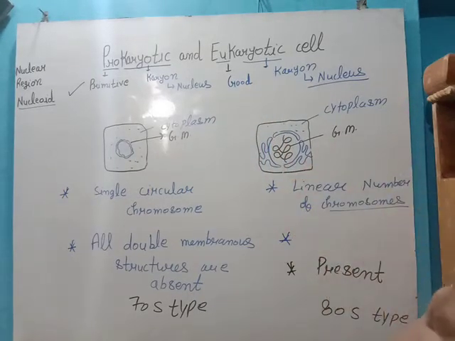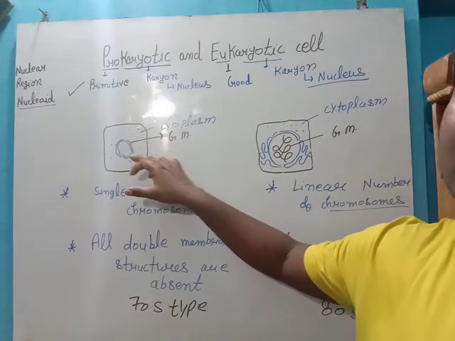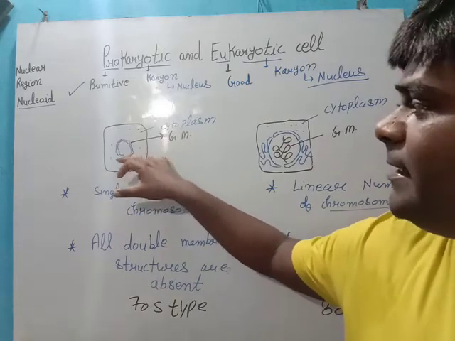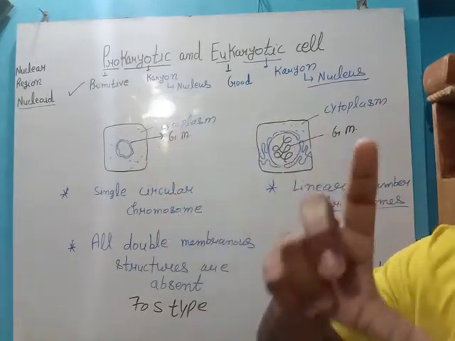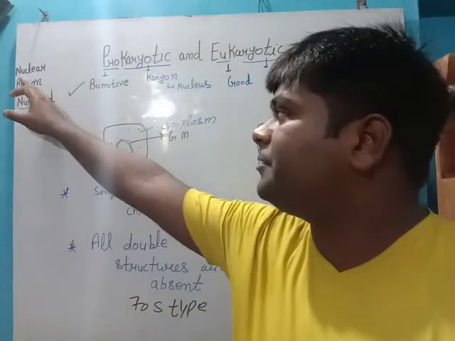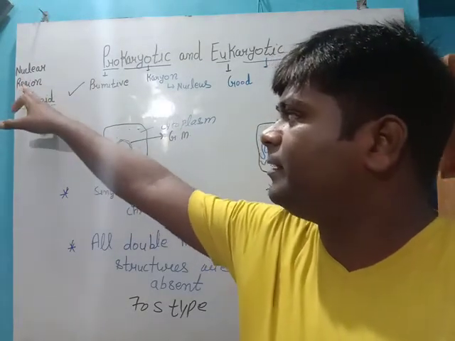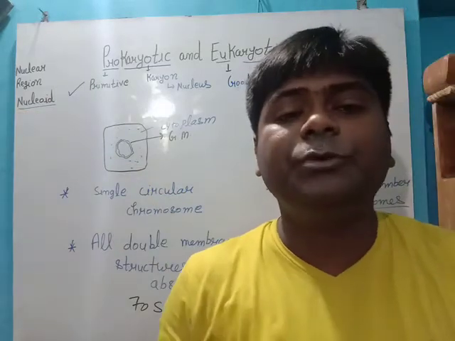One point remains: in the prokaryotic cell, the region of the genetic material is called the nuclear region, known as the nucleoid.